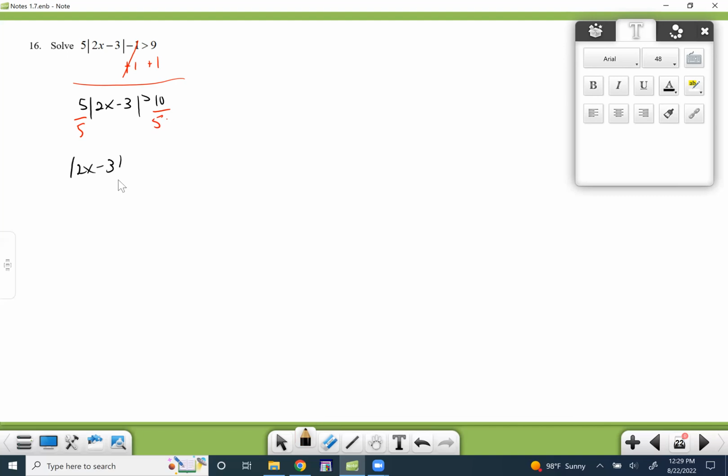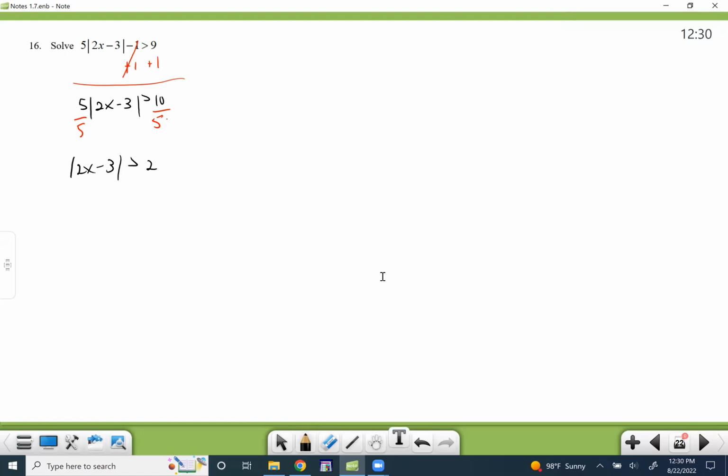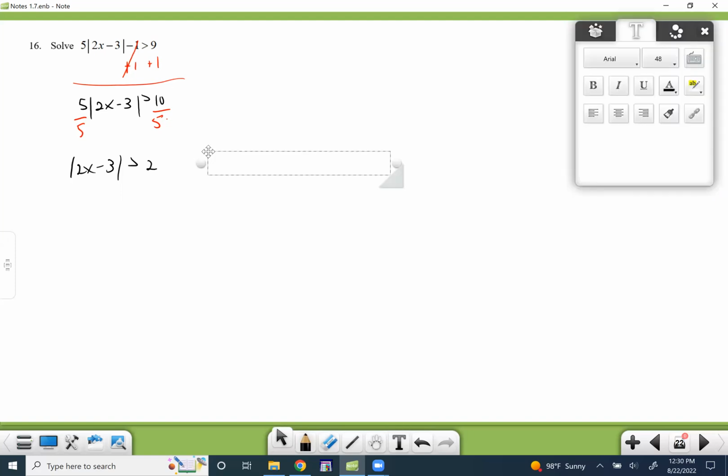So now we're ready to decide if it's going to be sandwiched or if it's going to be two cases. Since it's a greater than, right? It's going to be two cases.